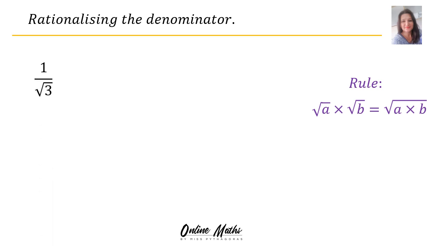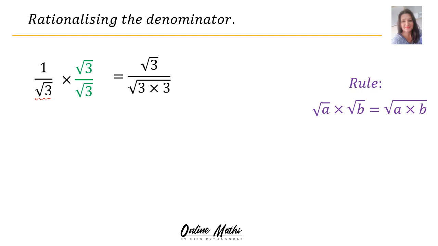Now if I give you 1 over root 3, what you want to do is rationalize this denominator. Then you multiply on top and at the bottom by that specific number, root 3 over root 3. By multiplying with that, it is the same as if you were multiplying by 1. On top, 1 times root 3 is root 3.